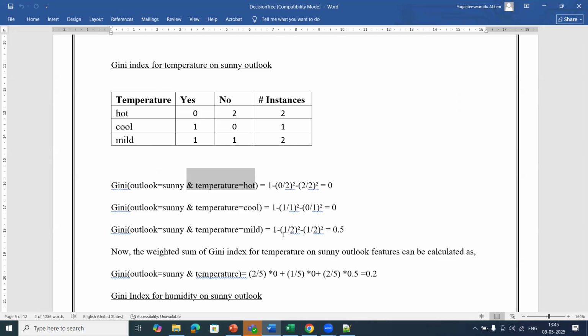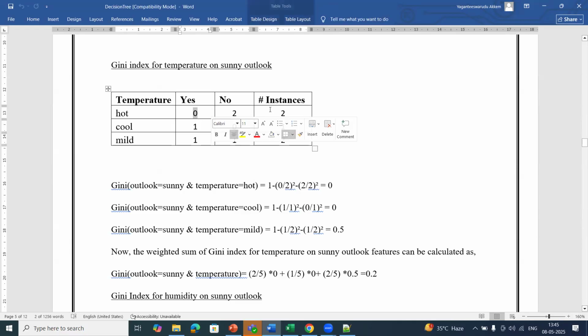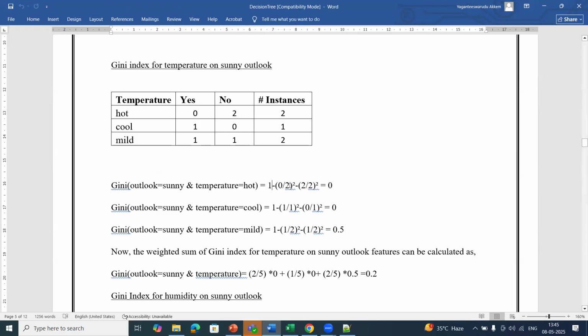The Gini index is 1 minus, for yes, what is the probability? 0 by 2 whole square minus 2 by 2 whole square. 0 by 2 whole square is 0, 2 by 2 whole square is 1. 1 minus 0 minus 1 is 0.